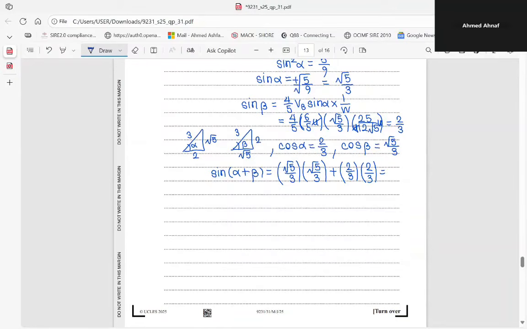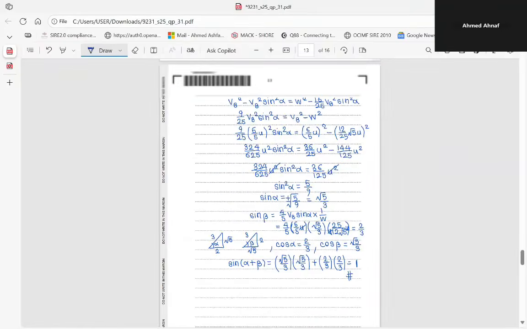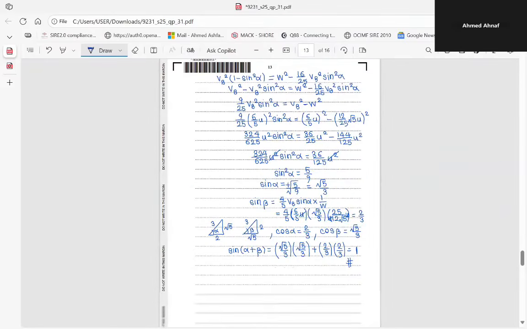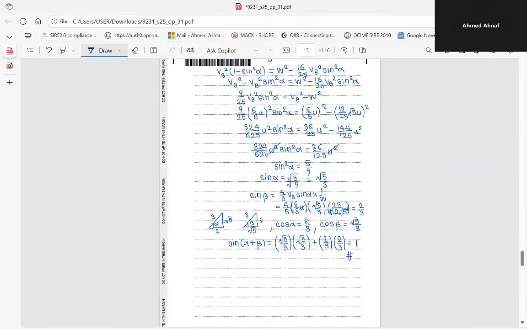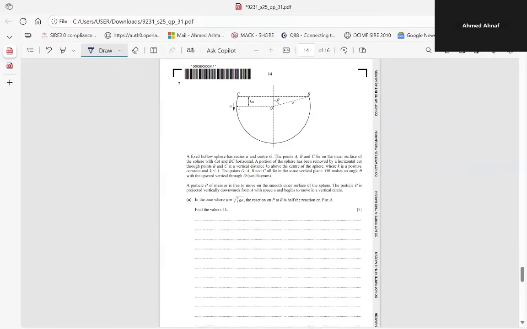Putting all this together, you will get 1. So this is our final answer for this second part as well as the entire question. Let's head on to the next question.